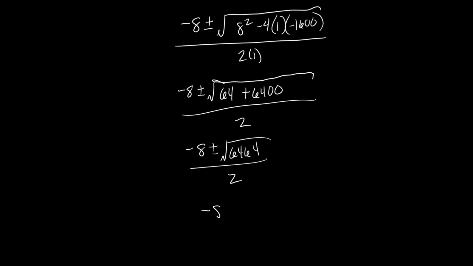So this is negative 8 plus or minus 80.4 divided by 2. Well, I don't want the negative one. I want the positive one. So that'll be 72.4 divided by 2, or 36.2 seconds.